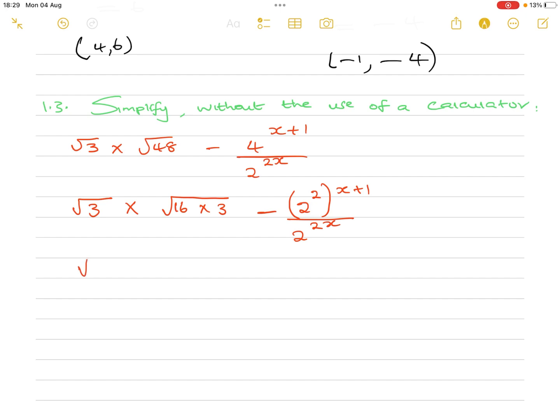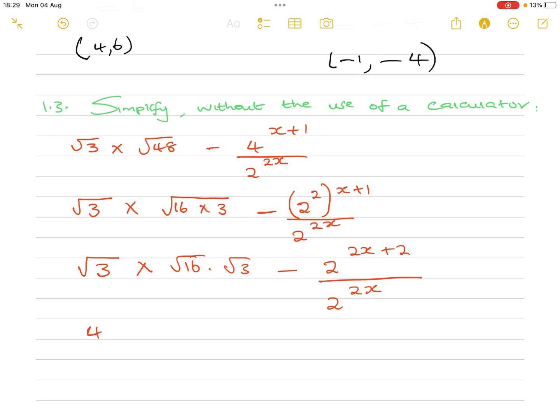So now here I'll be having the square root of 3 times the square root of 16 times the square root of 3 by using the laws of multiplying surds. So here I'll be having 2 times x, it will be 2x plus 2 all over 2 to the power of 2x. Okay, then from here, I know that the square root of 16 is a perfect square and it gives me 4.